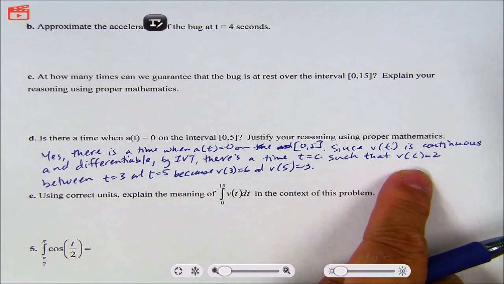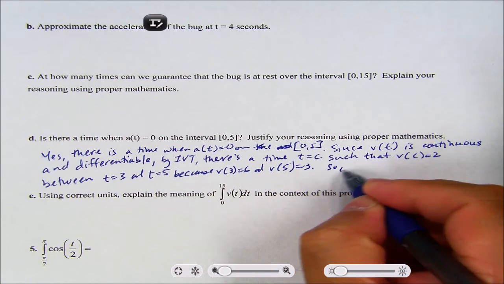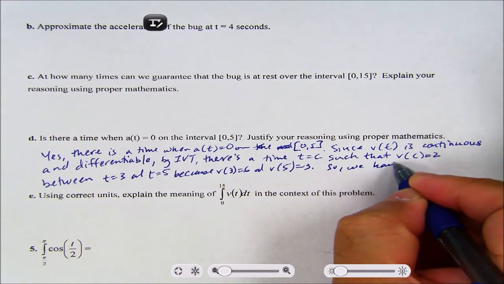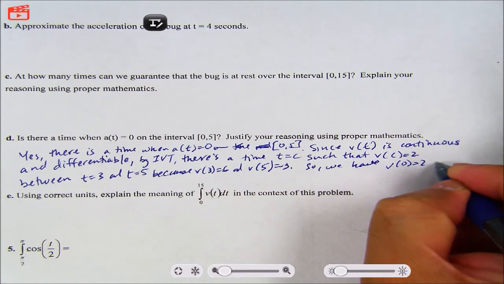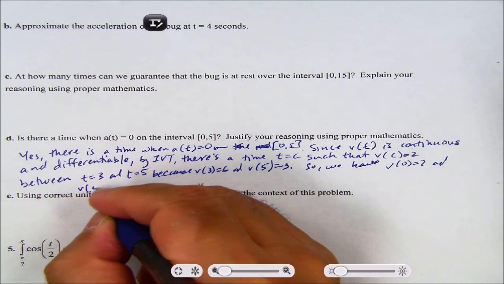Now we have v of 0 equals 2 and v of c equals 2.